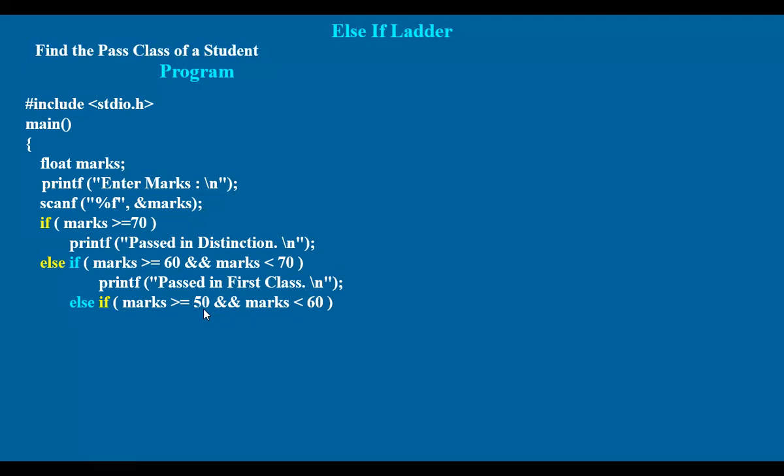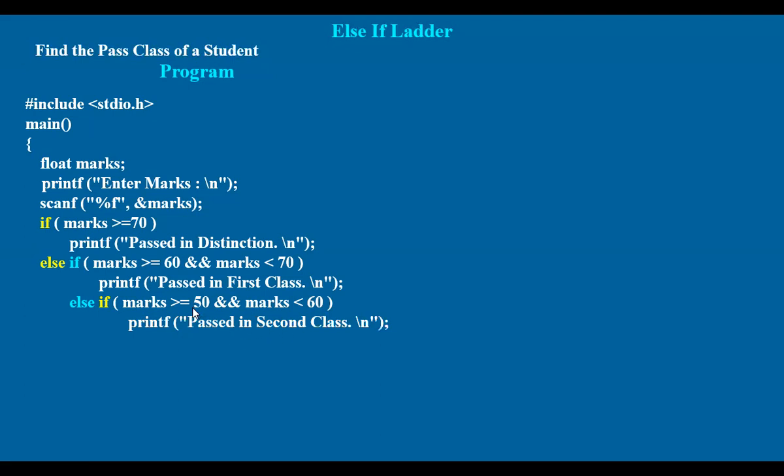Even 50.00 to 59.99, yes, it comes into this. The and is used here, and both the conditions must be satisfied. So if it is 50 to 59.99, it comes into this and says second class.